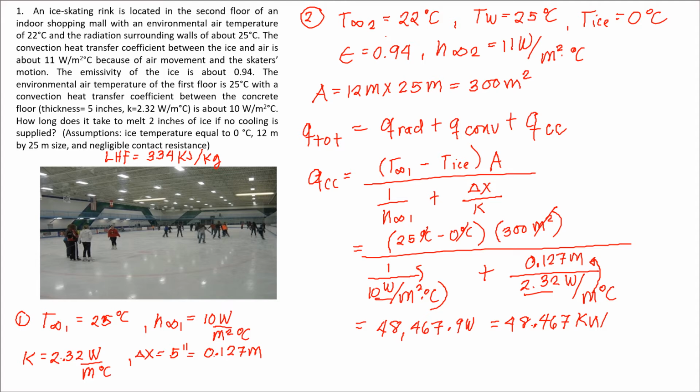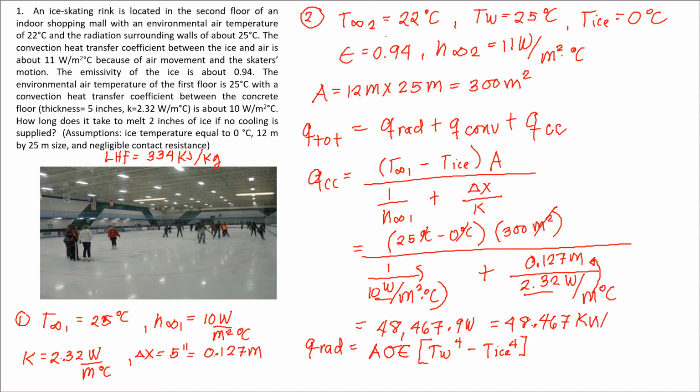Okay, so again, we also have the Q radiation, which is given by area multiplied by the Stefan Boltzmann constant and the emissivity. All are multiplied to the difference of wall temperature to the fourth power minus the ice temperature to the fourth power.